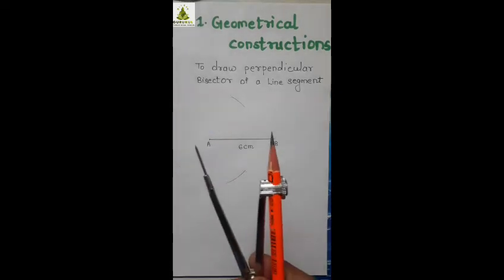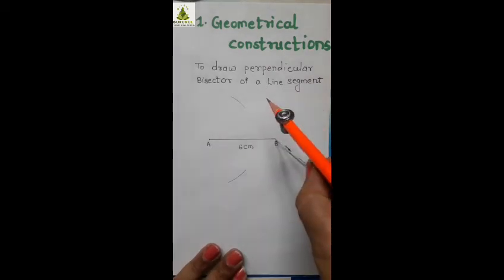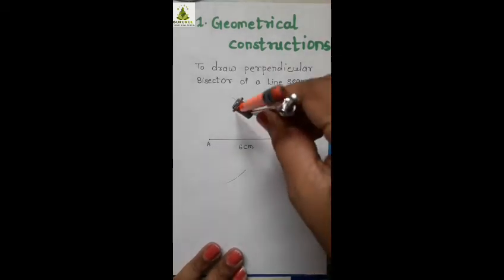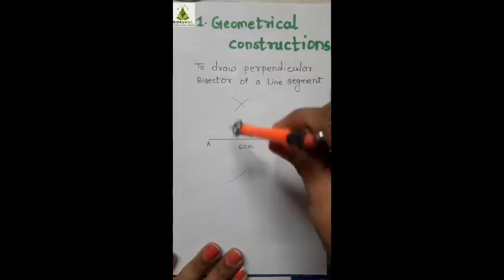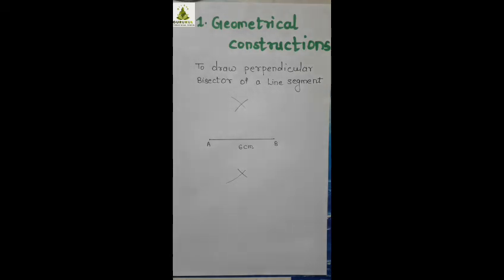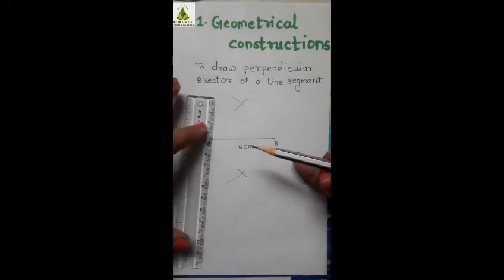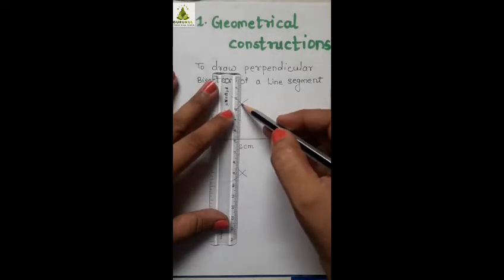Without changing the distance, you have to place the pointer on another point of the segment and draw the arc intersecting the previous arcs. After doing this, you have to connect these two intersecting points using a scale.